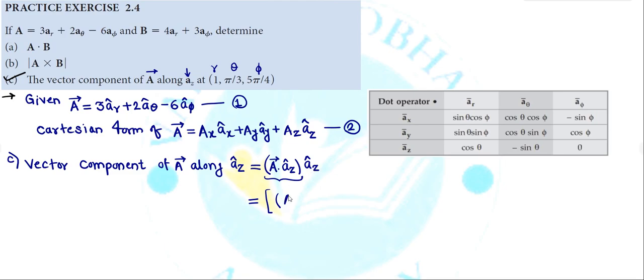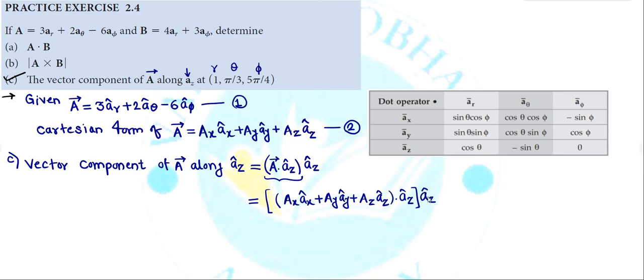So that is Ax ax plus Ay ay plus Az az, and it will have a dot product with respect to your az component only, and then you have to multiply it by the az component.